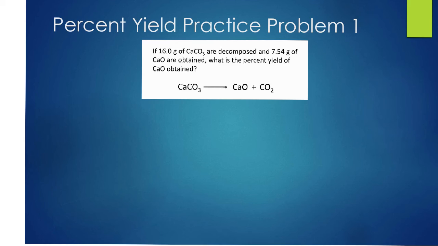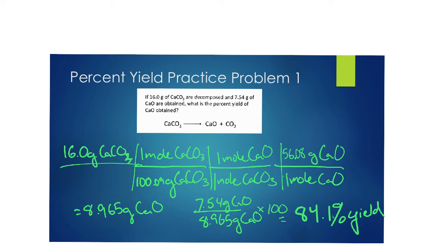In the next 2 slides, there are a couple examples of what this would look like. See if you can try them on your own, and then take a look at my example. What you see here is I took the grams of the CaCO3 and converted it into moles, then used the mole ratio from the balanced chemical reaction to convert that into CaO, and then used the molar mass to convert that into grams.